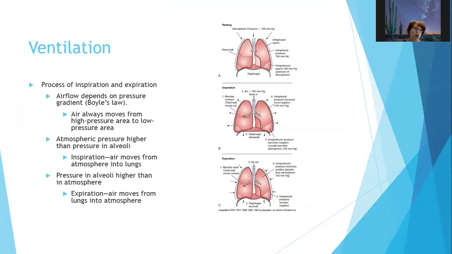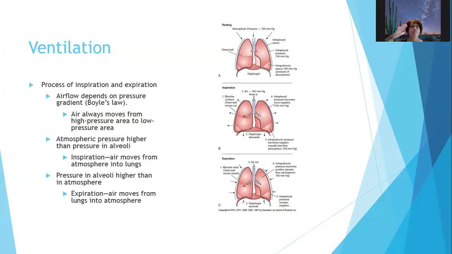So you might recall from kinesiology when we talked about ventilation, the muscles involved. So there are really two parts to breathing. There's ventilation, which is the mechanical part of the air going in and out, inspiration and expiration. But then respiration is the actual exchange of gases. So ventilation is the process of inspiration and expiration, and it's accomplished by a combination of muscle activity and pressure gradients.